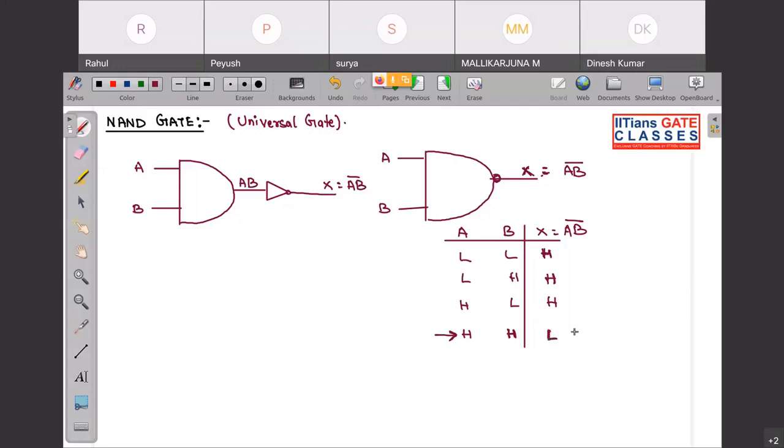Are you understanding this? If I want to draw the generalized truth table, so I will do something over here also.